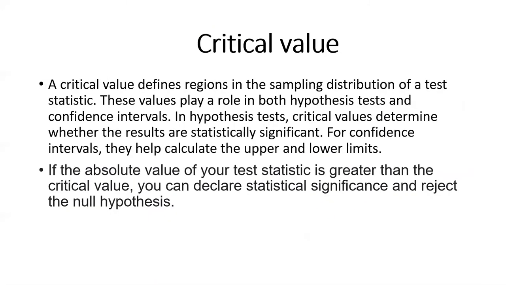Now we are dealing with the critical value. Critical value defines the region of the sampling distribution of the statistic. These values play a role in both hypothesis tests and confidence intervals.